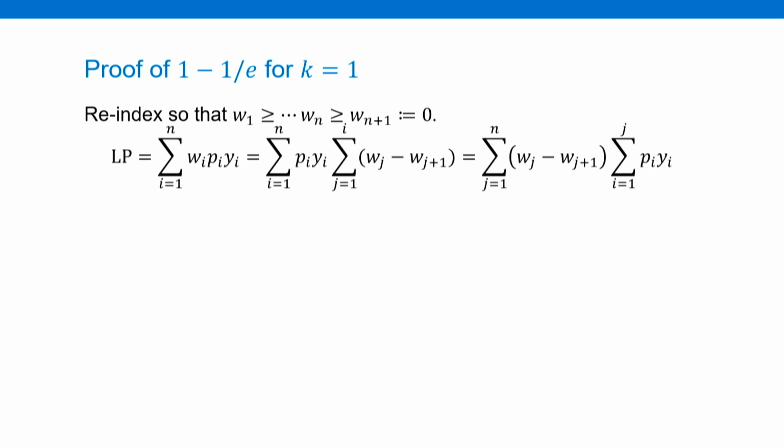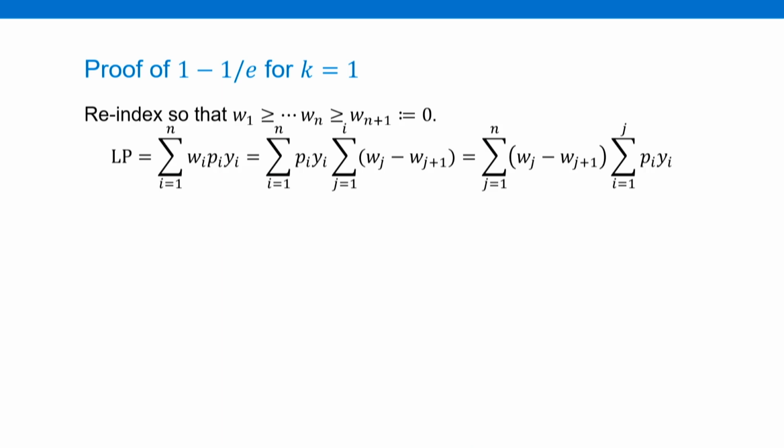So what I'm going to do is I'm just going to write, OK, this is the value I'm comparing against. I'm just going to rewrite it, essentially doing integration by parts. So the way to think about this is I'm going to write each weight wi as a sum of increments of how much better wj is than wj plus 1. OK, and this step is just integration by parts or switching sums, whatever you want.